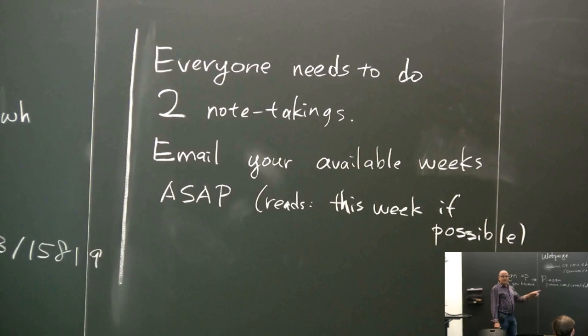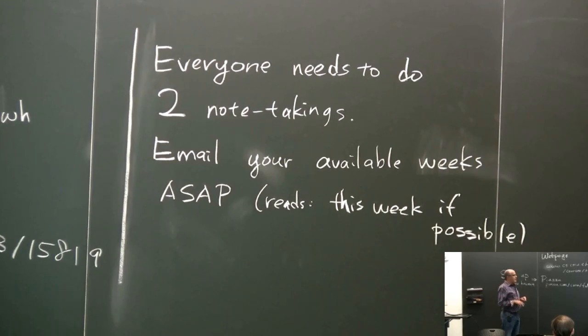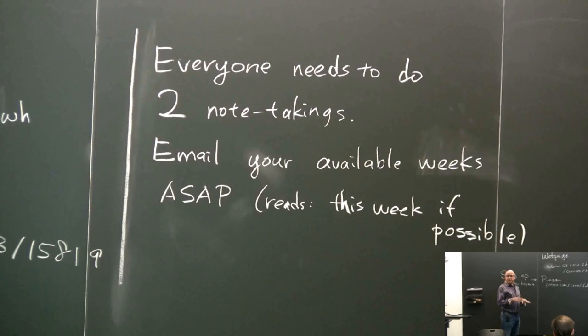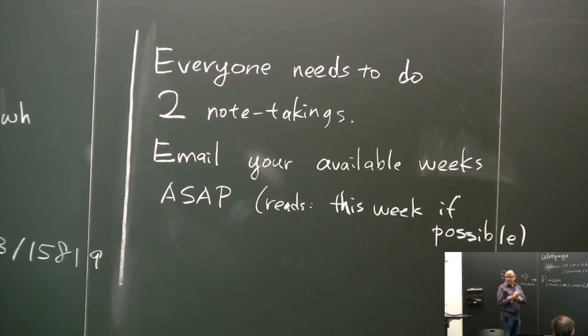I'm still experimenting on it. We might set up a GitHub so that all of the sources and stuff for the notes will be in one common repository, and that will allow us to make edits and changes after the fact, so that we have a reasonable record of what we've done this semester, that we can polish up and make corrections and so on. So we're going to do that.